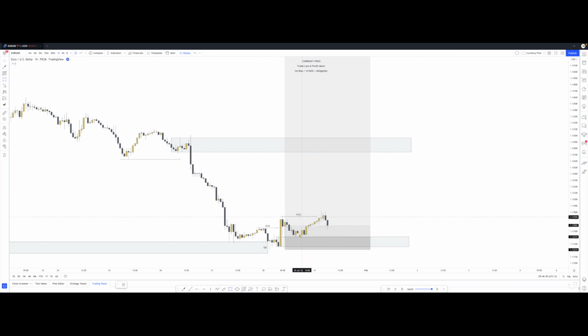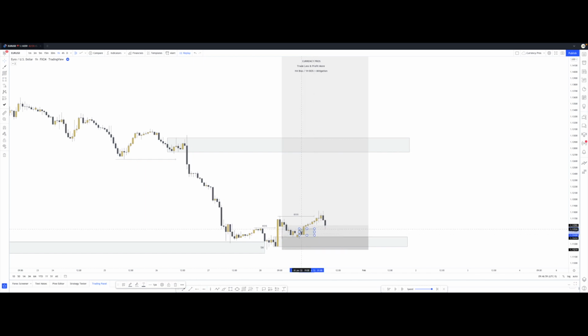So as we saw, there was a break of structure, which means we have to locate the point of origin for that break of structure, which is this small bearish candle right here. That's the last point of demand before price exploded to the upside and broke structure. So this represents another scale-in opportunity.